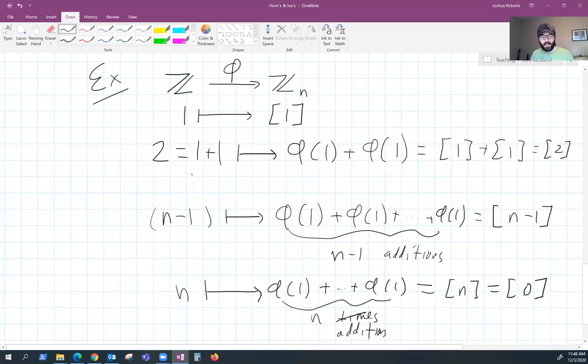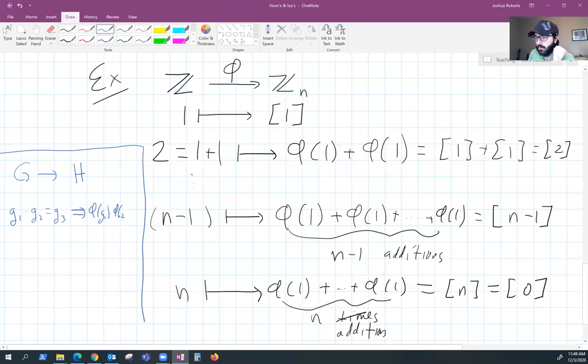The reason I wanted to show you this is that it gets back to the intuition behind homomorphisms: if g1 times g2 equals g3, then phi of g1 times phi of g2 equals phi of g3. In other words, the structure of G is reflected to an extent inside the structure of H. When I say structure, I mean the group structure.